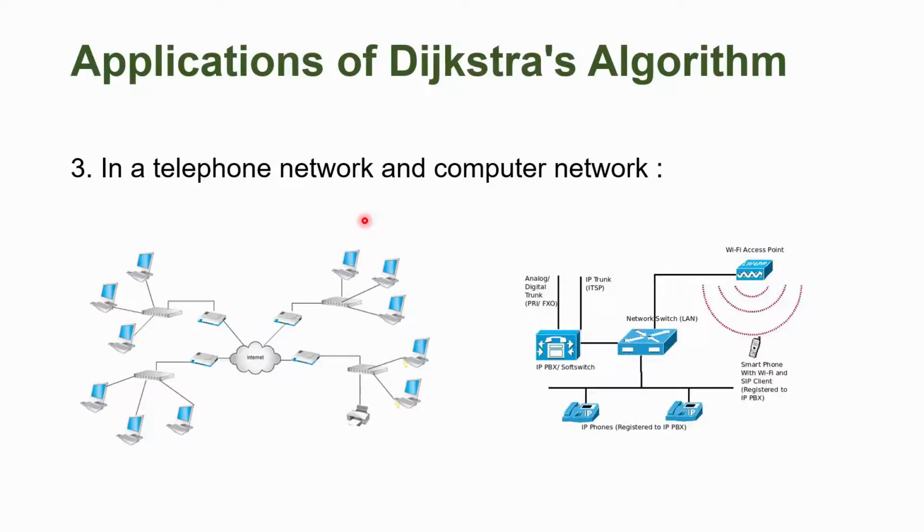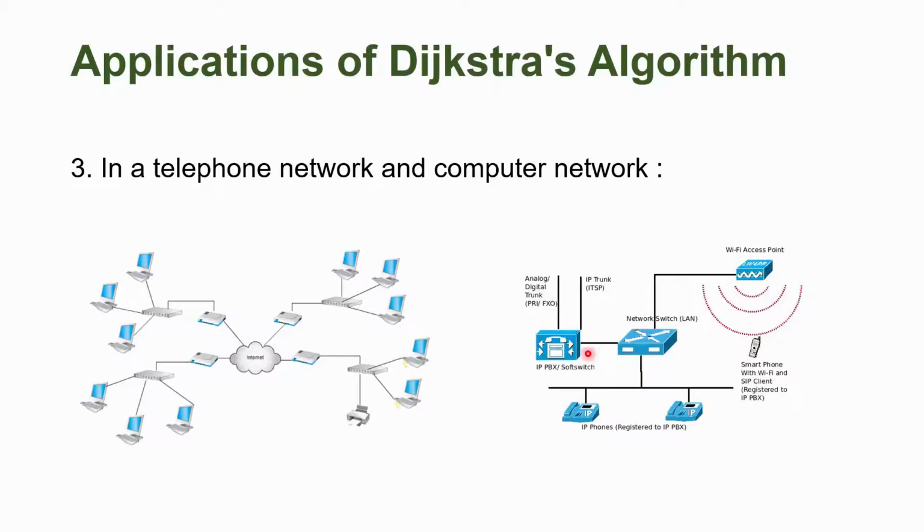In a telephone network, you can see analog digital trunk and IP trunk, which actually use the Dijkstra algorithm, and IP phones, which are registered IPs. It uses the Dijkstra algorithm to find the shortest path between two nodes or two phones, where the phone is the node here. So it uses those nodes to find the shortest distance for communication.